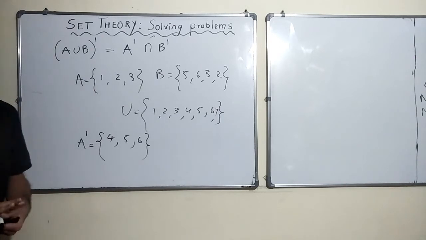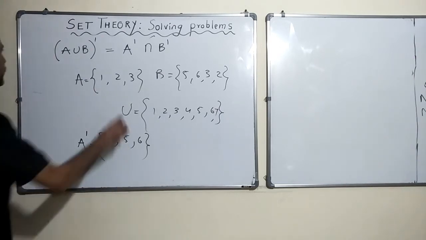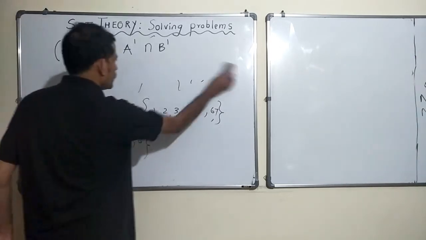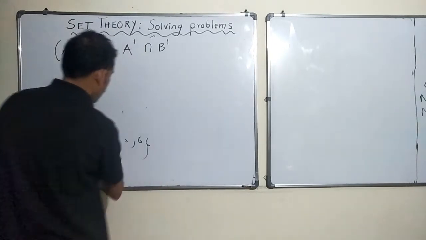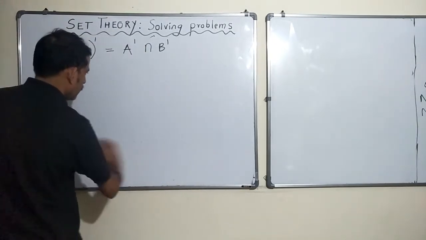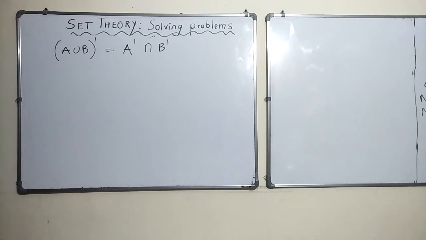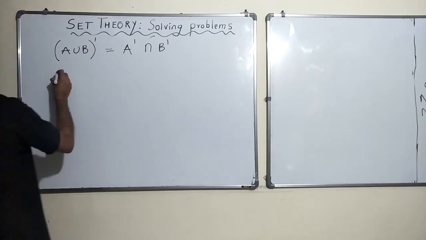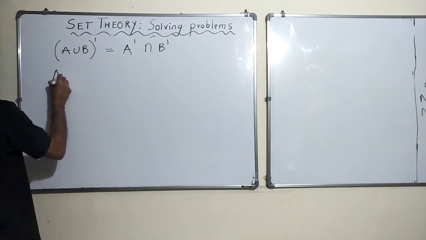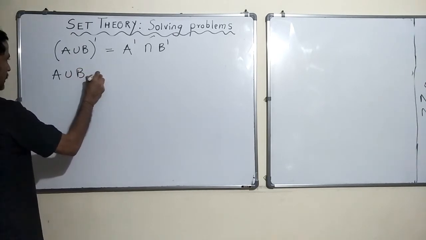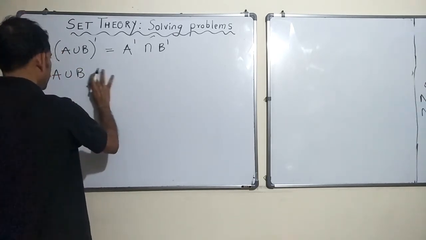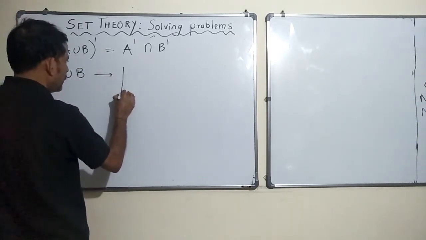But we are not going to do that. We will try the Venn diagram. Okay. We will try solving this with a Venn diagram. Alright. Okay. Let's start our shading. Okay. A union B is, can I draw it this way?